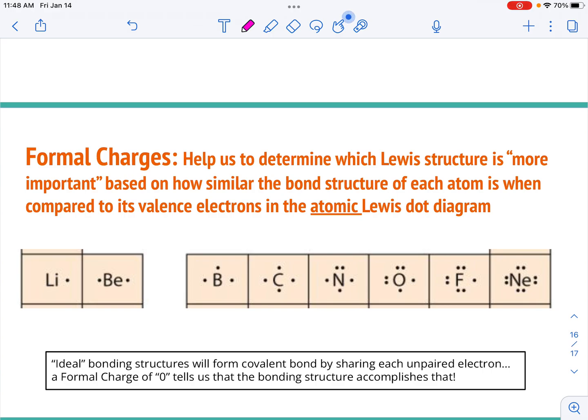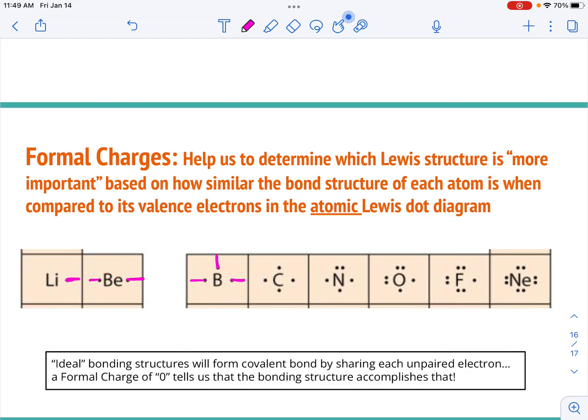So it's basically a calculation that allows us to say that in covalent bonding, if these atoms have one unpaired electron and they pair it in a bond, that would be their most important structure, right? So you can see that beryllium with 2 would form 2 bonds, or boron with 3 unpaired electrons should form 3.